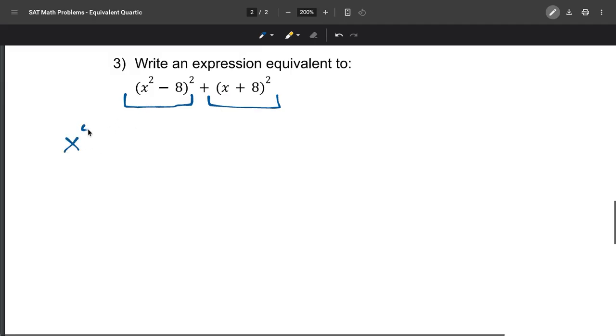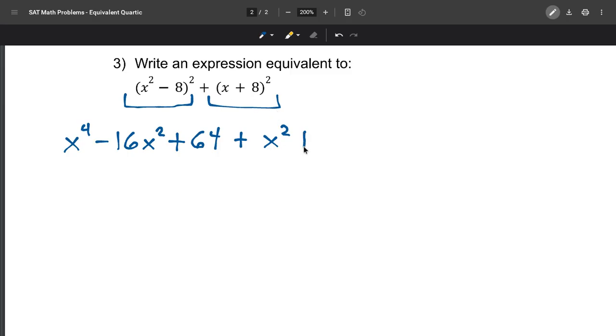We're going to square x squared minus 2 times 8 times x squared, so minus 16x squared, plus 8 squared, so plus 64, plus x squared, plus 2 times 8 times x, so plus 16x, plus 64. So 8 squared there. So we have the x to the 4th.